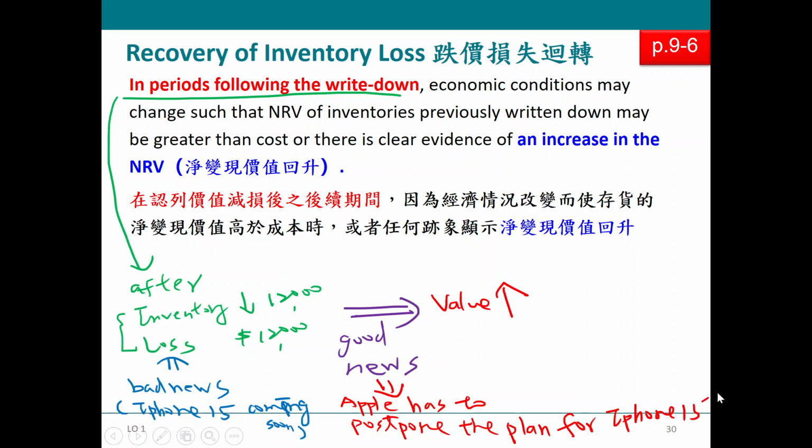Because the market will not sell iPhone 15 soon, it's good news for your iPhone 14, right? Since customers won't have an iPhone 15, they still have to buy iPhone 14. So that's why its value increased.